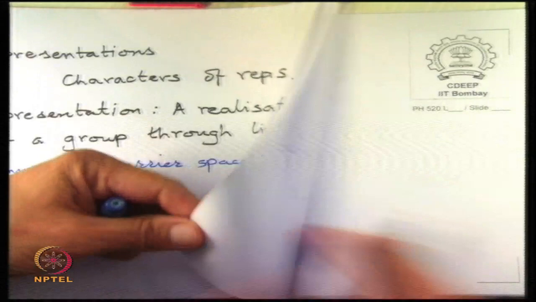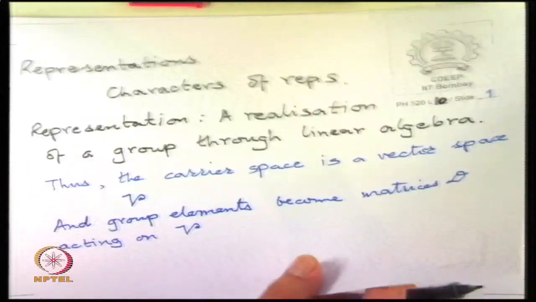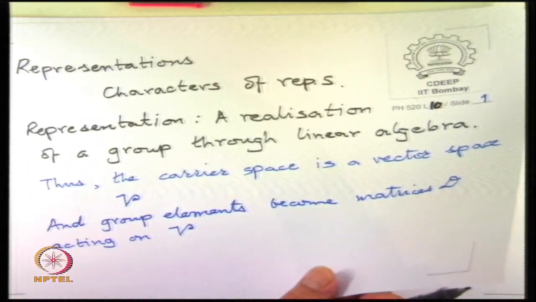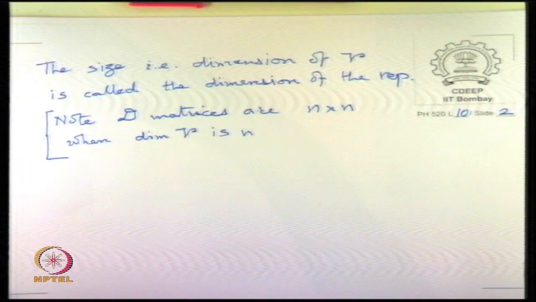So the same group you can represent on vector spaces of different sizes. The size or dimension of V in the usual vector space sense is the number of basis elements required to represent all the vectors. So the dimension of V is called the dimension of the representation. This is a little important.